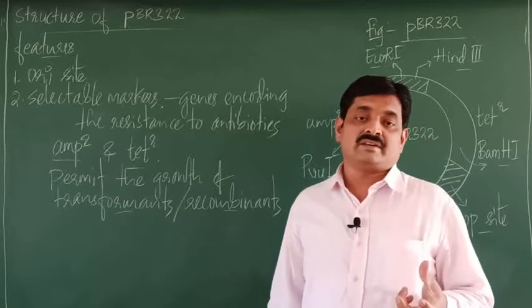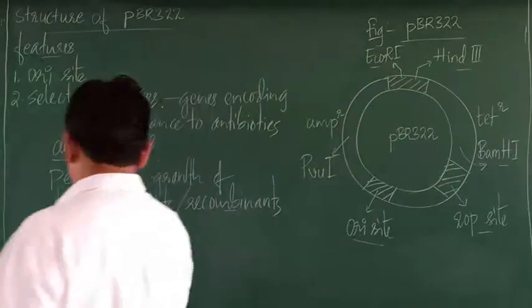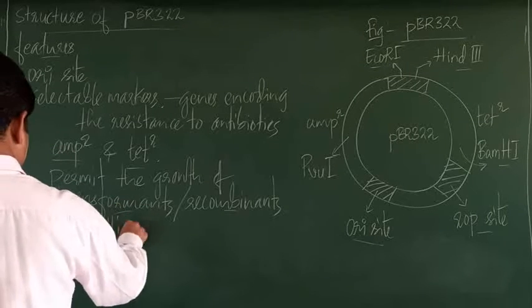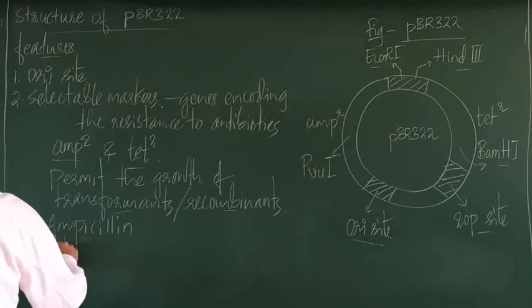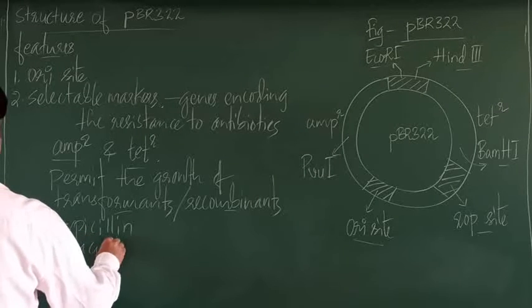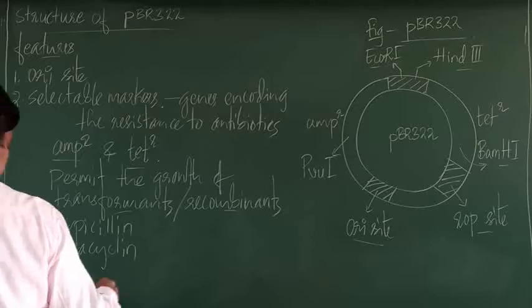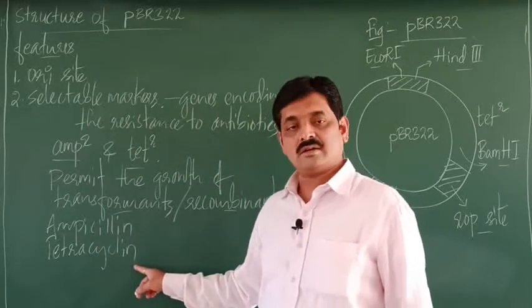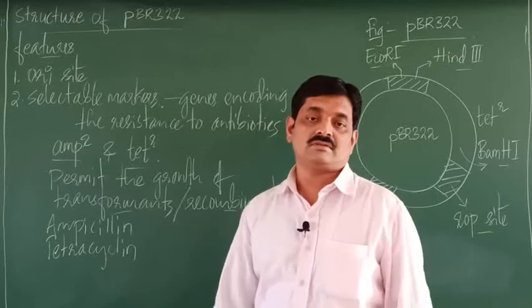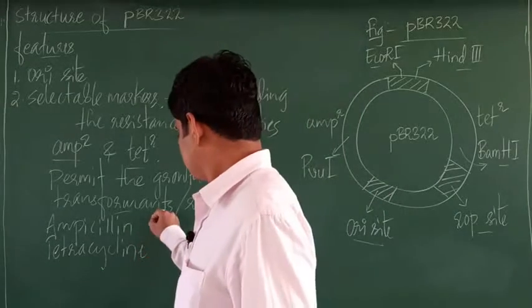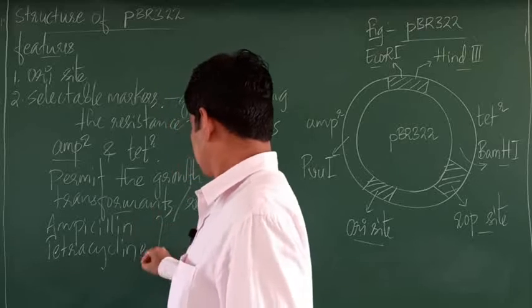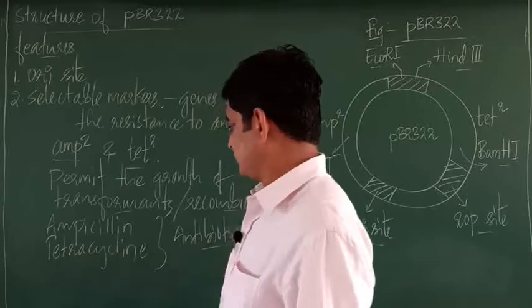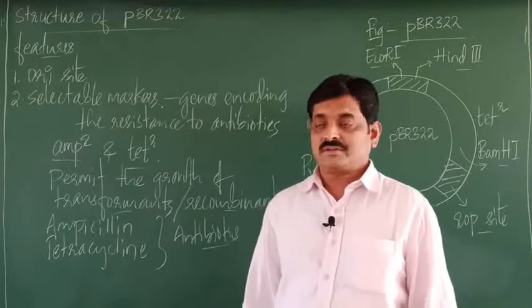So the two antibiotics: one is ampicillin and another one is tetracycline. These are antibiotics, right?